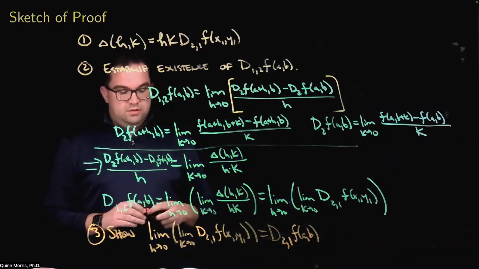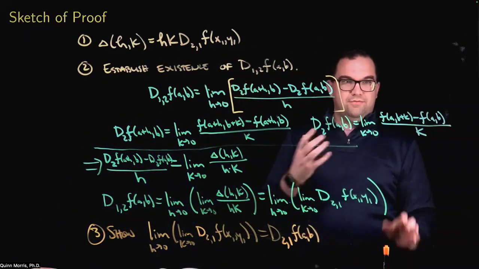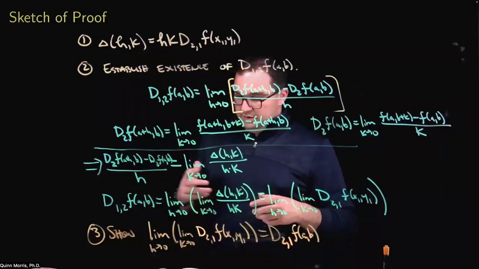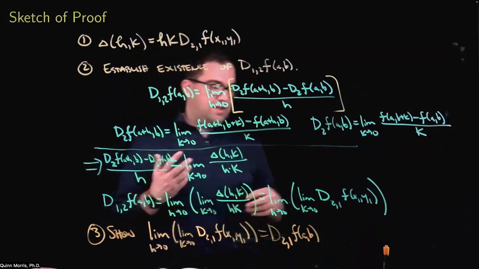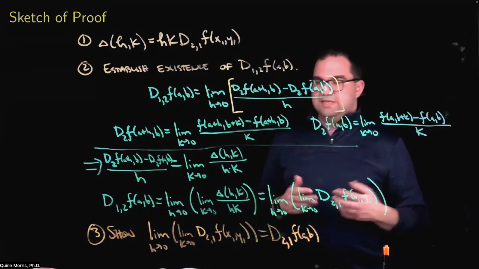Now, to do this, you have to do essentially a delta epsilon sort of analysis, slogging through that. The computation is done on pages 280 and 281 of Apostol's book, if you want to go see that.